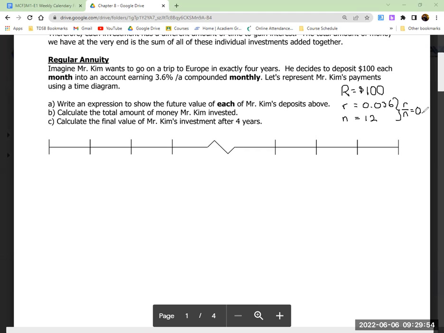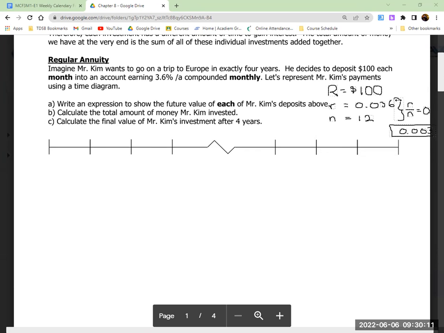Yep, 0.003. You can see it's already here. 0.003. Okay, here it is. I am putting in money at the end of every month.